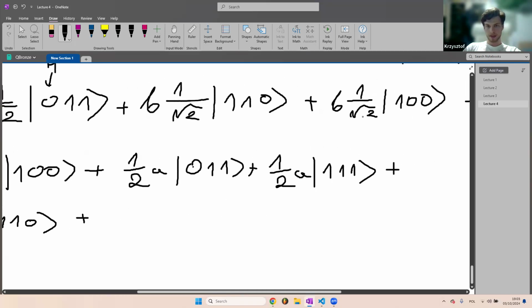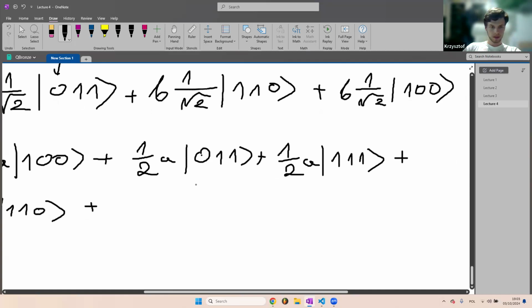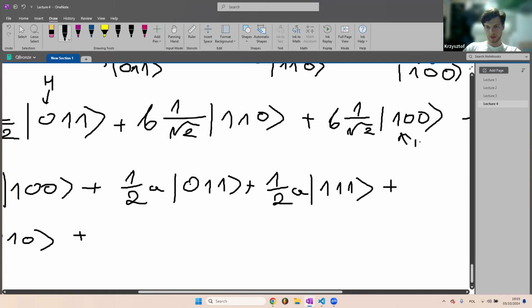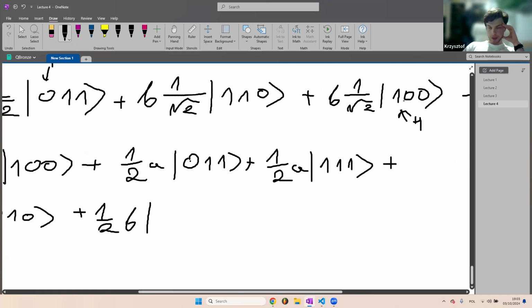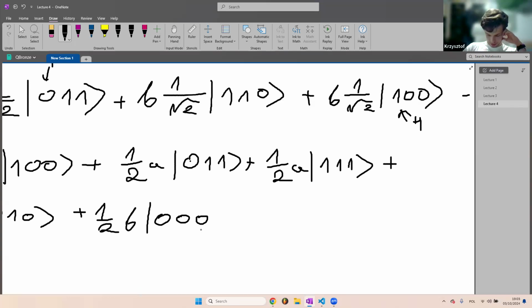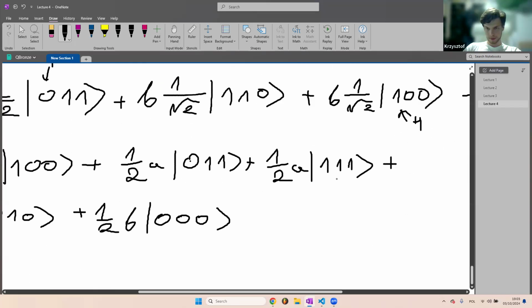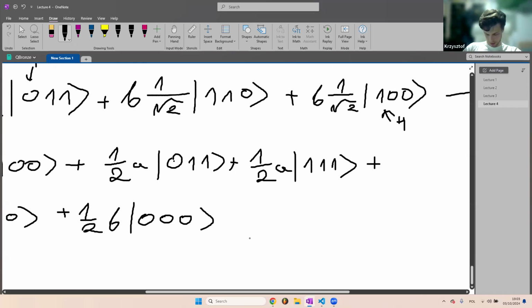And then the Hadamard on the last b will be 1 over 2 b, and now 0, 0, 0. And actually, this here shall be 0, 0.